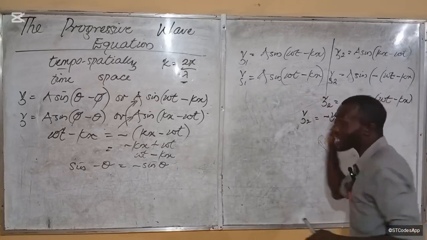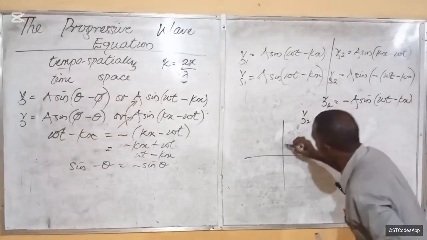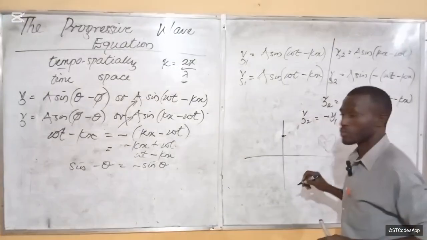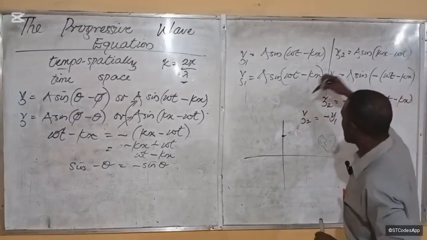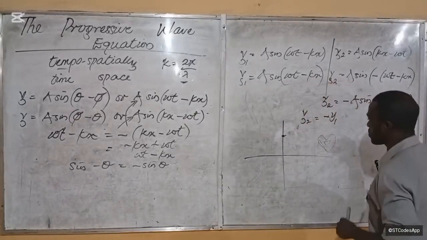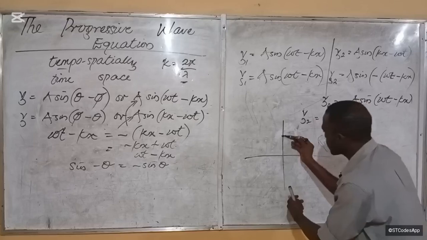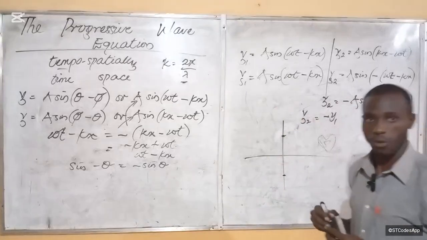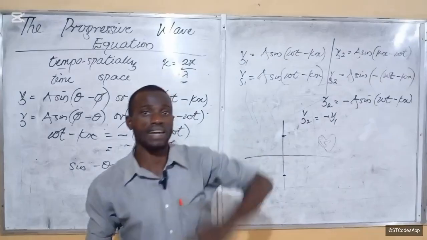Negative y1. What that means is that if I were considering my oscillation on the y-axis now, the y component of my oscillation, if y1 were positive here, y2 is going to be just the opposite, in the opposite direction. Okay, remember amplitude is seen in both positive axis and negative axis here.